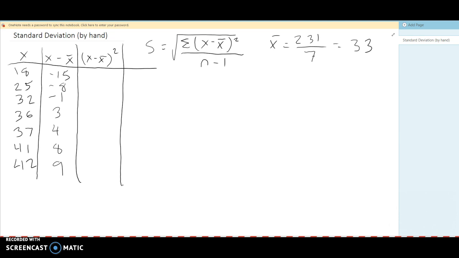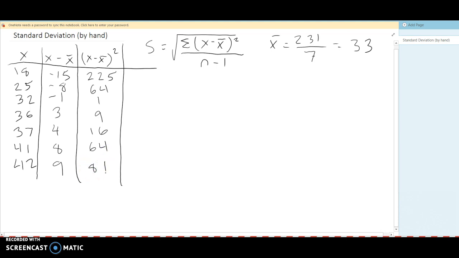I'm just squaring this second column here. So negative 15 squared is 225. 8 squared is 64. Negative 1 squared is 1. 3 squared is 9. 4 squared is 16. 8 squared is 64, and 9 squared is 81.